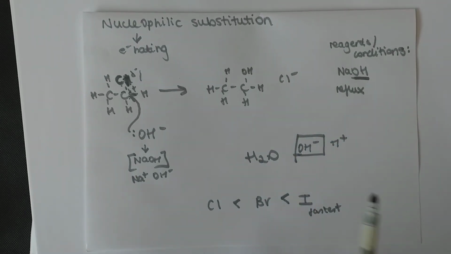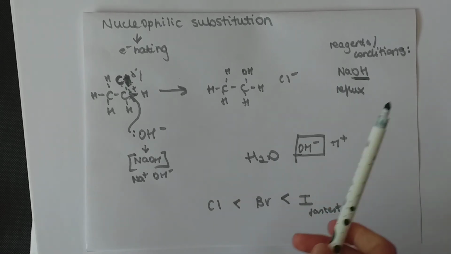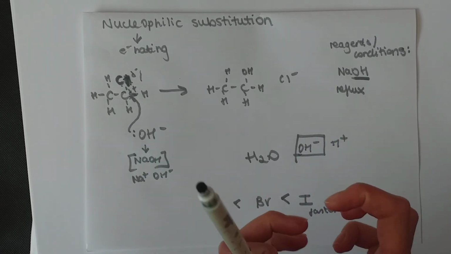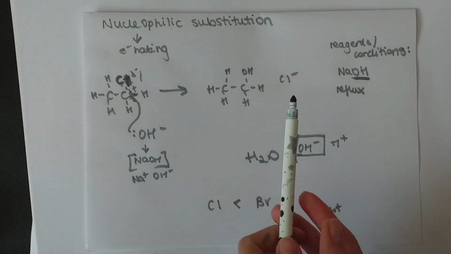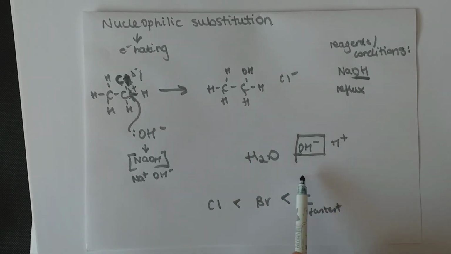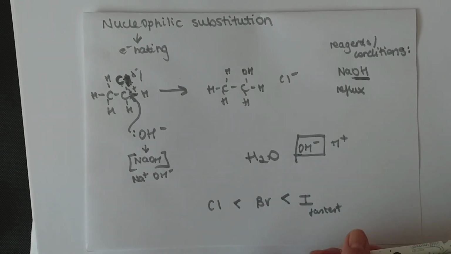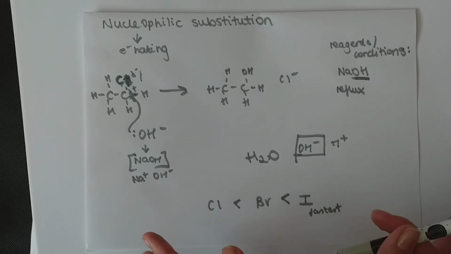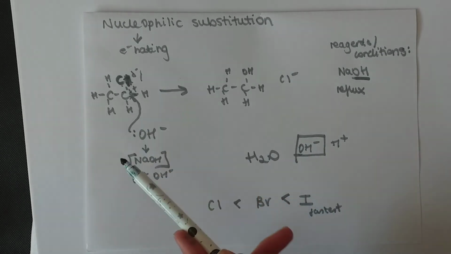there's also a second factor, which is the bond strength. Chlorine is the smallest, and because it's the smallest, it will pack together very nicely with carbon. So we will need a lot of energy to get them apart. Iodine is the biggest out of these 3, therefore it will very easily, without a big amount of energy, just go away from the carbon.